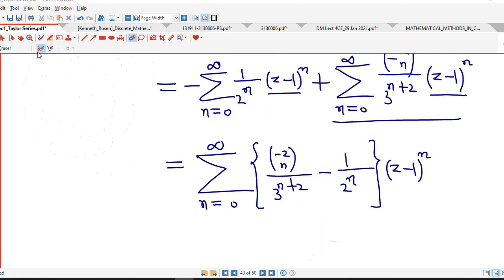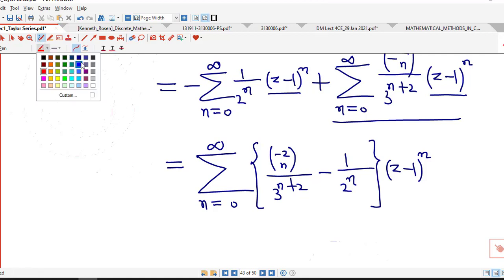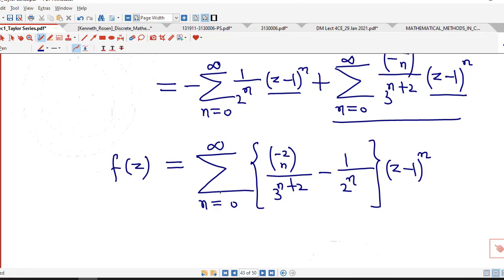So this is the Maclaurin series expansion of the given function, and we have to check the validity of this expansion.